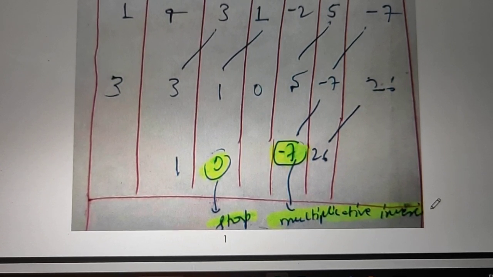So we find that the inverse of 11 exists, and the value of that inverse is minus 7. This is the main application of the extended Euclidean algorithm: finding the inverse of a particular key, if it exists, and what the value of that inverse is. Okay, thank you very much.